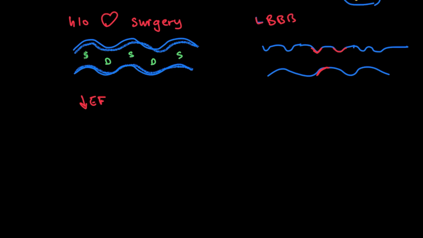You'll see less contraction here. The wall's relatively flat. We don't calculate ejection fraction from this view because we're just looking along a line, and you may not have sliced it in the optimal way.